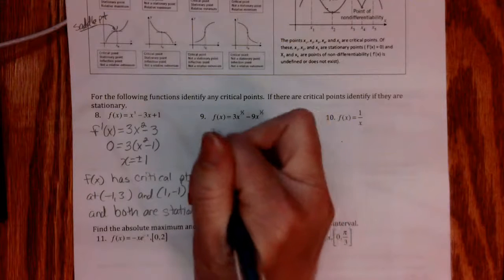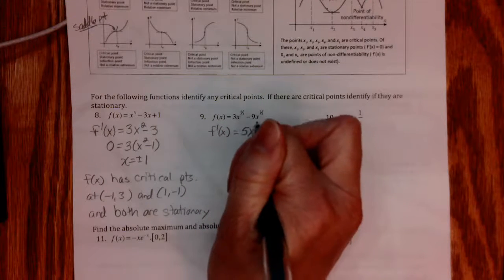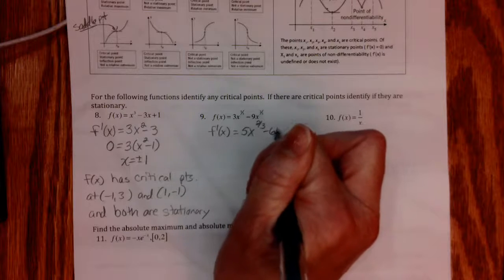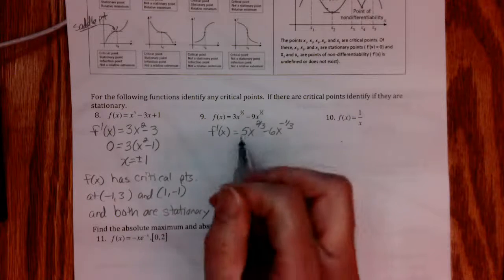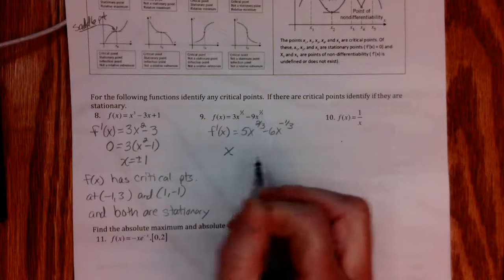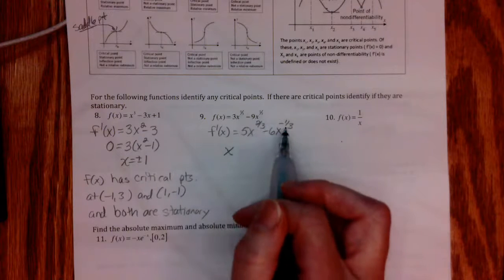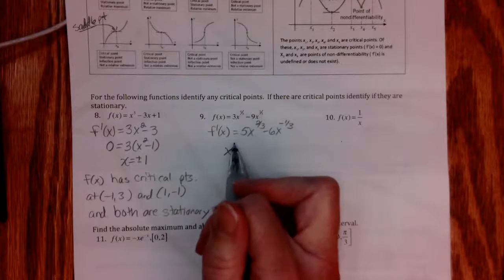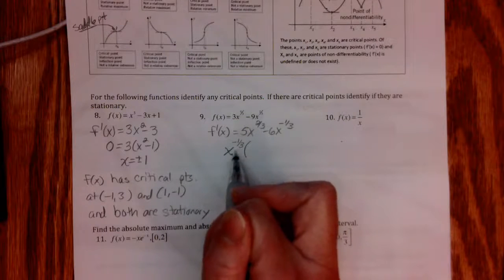My next one, when I take the derivative, I get 5x to the 2/3 minus 6x to the negative 1/3. To simplify this to look for critical values, the factoring move that I'm going to do is factor out a fractional exponent, and I would say the majority of time when you have fractional exponents, it works out nicely if you factor out the lowest value.